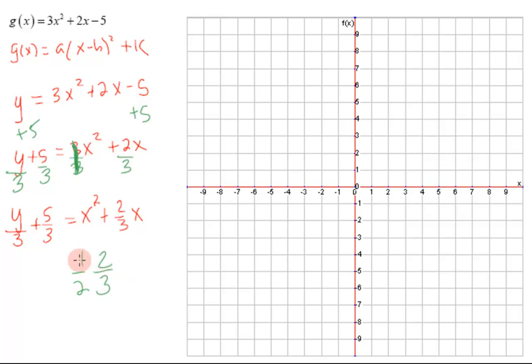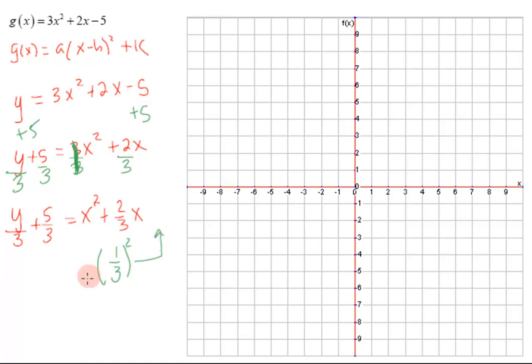So what's half of 2/3? 2/6, right? 2/6 or 1/3. So here I'm just going to reduce it down to 1/3. So I'm going to erase that. That was my side work, okay? So half of 2/3 is 1/3. Makes sense? 1/3. And now I'm going to square it.